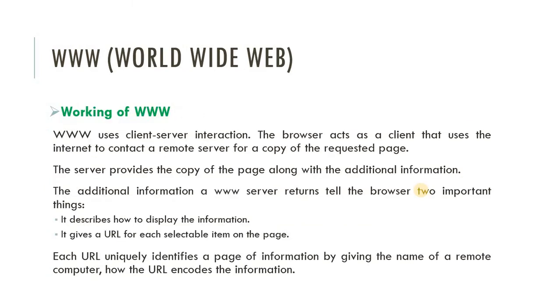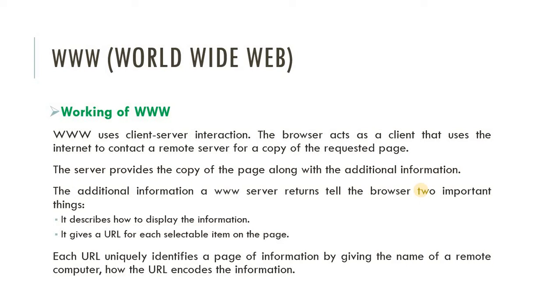The next is how the WWW works. Yes, so WWW uses a client-server interaction. It means it uses the client-server architecture that we have already learned in our previous lecture. So the WWW follows that same client-server architecture. The browser acts as a client that uses the internet to contact a remote server for a copy of the requested page.